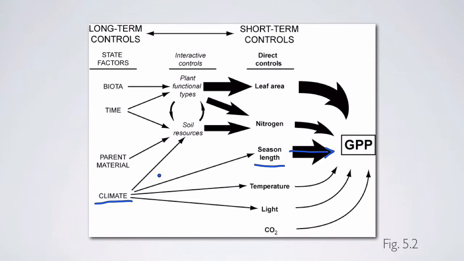So cold places, for example, have fewer soil resources, less leaf area and nitrogen as a result, and lower GPP. But it's not necessarily a direct impact of climate on temperature on GPP. So in some cases, there are indirect controls of climate on GPP through soil resources and the plant functional types you have, and then it's primarily leaf area, the nitrogen concentration of those leaves, and how long that season is that determines GPP across ecosystems.